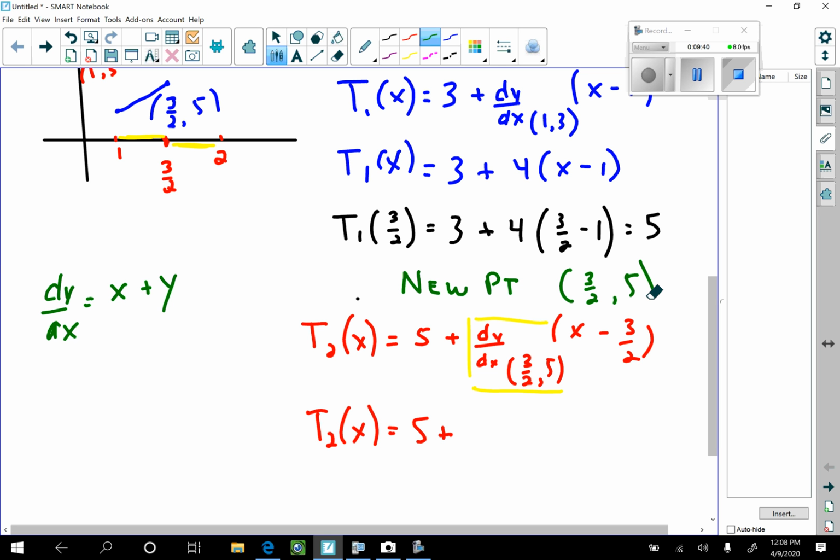So 3/2 plus 5, 10/2, is going to be 13/2. Let's write that rascal in. x minus 3/2.